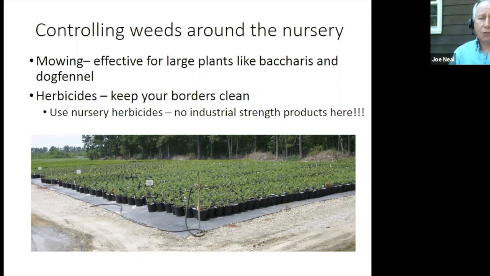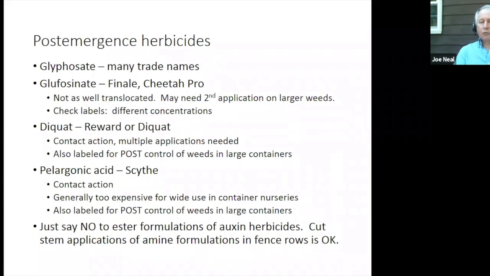And of course, you can use post-emergence herbicides around the fence row, but again, use herbicides that are labeled for use in nurseries, not the industrial type herbicides. So what post-emergence herbicides do we recommend to supplement the weed control of the residual products? Of course, glyphosate. But there are other products: glufosinate, diquat, pelargonic acid.